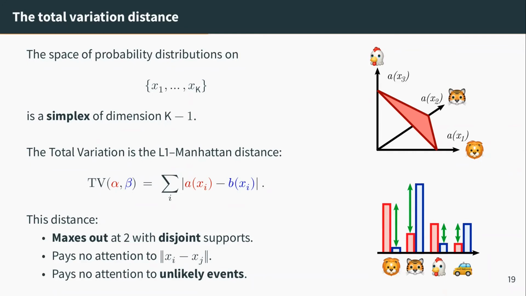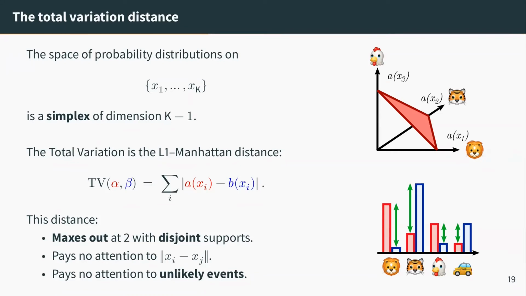So it's good because it's very simple, but what are the first properties, the first intuition that we should have about this distance? Well, first, the total variation distance is at most equal to 2. That's the triangular inequality. If I take this sum, |a of xi minus b of xi| is always smaller than a of xi plus b of xi. And so this sum is going to be smaller than the sum of all the a of xi's plus the sum of all the b of xi's.